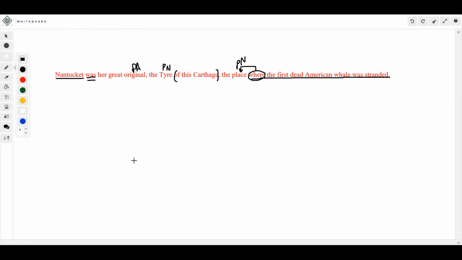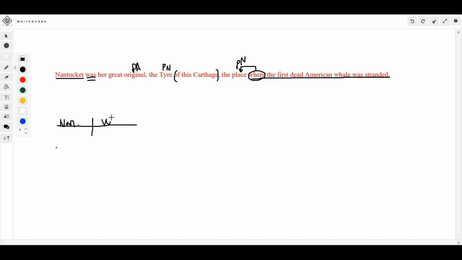Okay, so let us diagram it. Now remember, we're going to have a compound predicate adjective, predicate noun. So it's going to go something like this. Okay, first we'll do our subject. I'm just putting Nantucket.